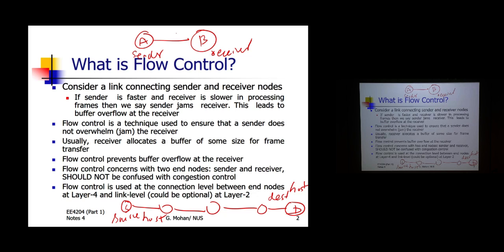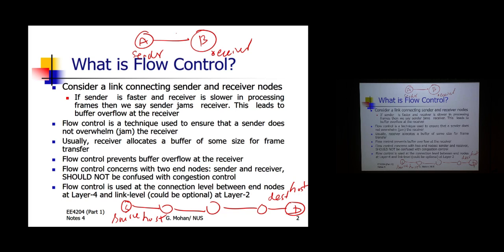This should not be confused with congestion control. Later in the tutorial we look at some interesting worked out examples to differentiate congestion control and flow control. But the meaning is this, as the name says: the traffic flow, and the speed of traffic flow, would it affect the receiver or not?